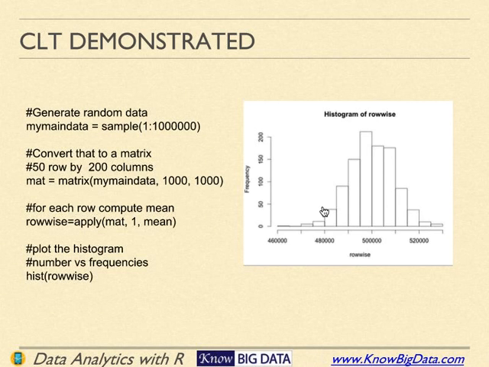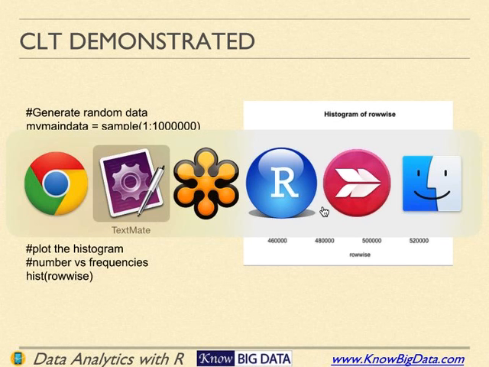Now we convert this into 1,000 samples, each sample containing 1,000 values, and then we take the mean of every sample, which means we'll have 1,000 mean values, and then if we compute the histogram, we are going to get a normal distribution.